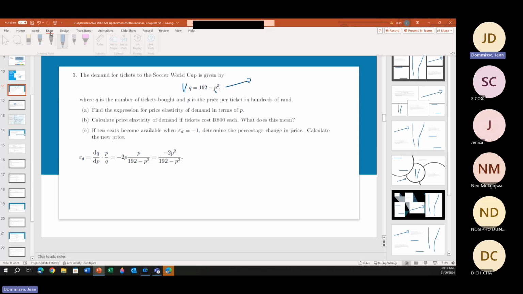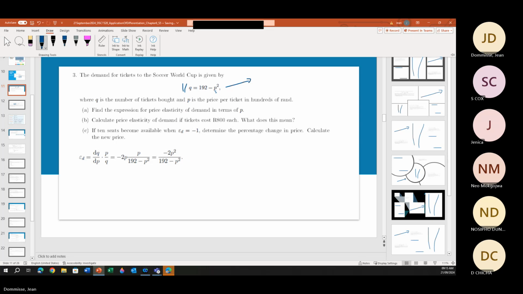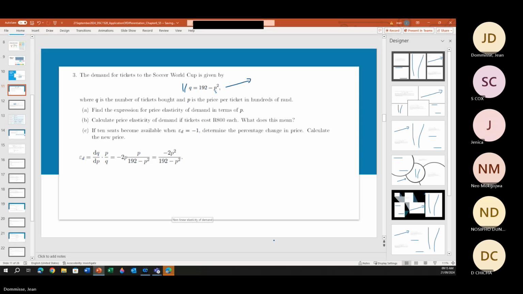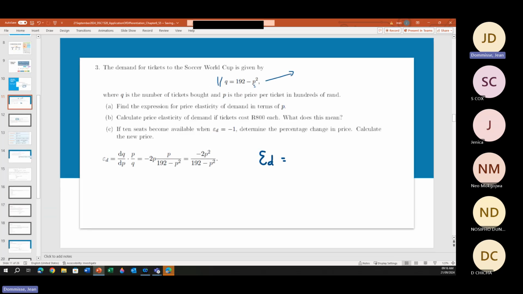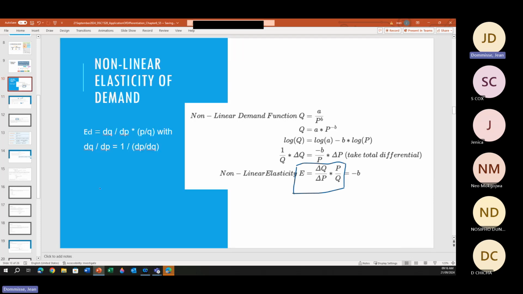Okay, so we've got price elasticity. Let's just go back to that one.